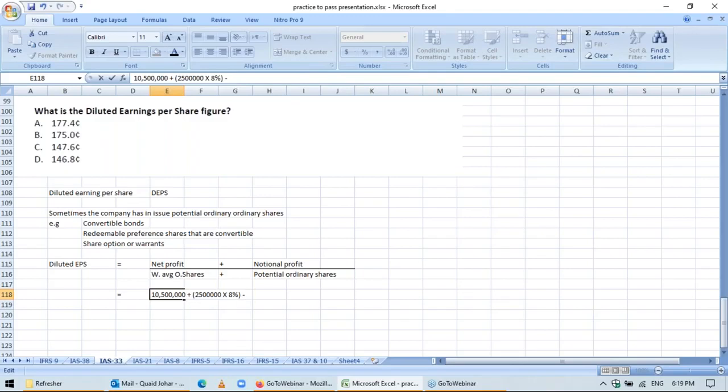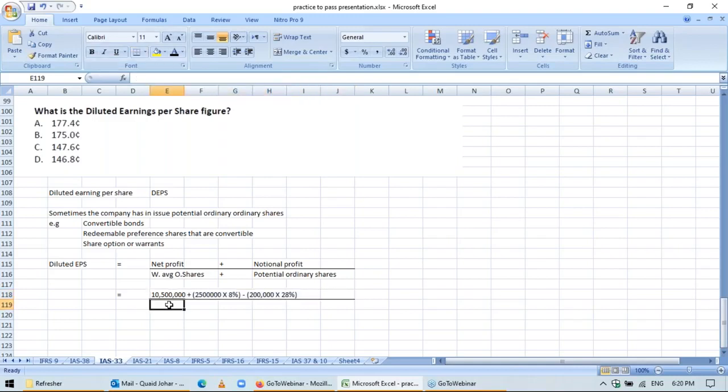There will be tax on this interest, which we did save this year, but when the bond gets converted, there will be no interest, ultimately more taxable income, and we'll have to pay tax. So what will be the amount of it? 8% of 25 lakh is 200,000. So the taxable income will increase by 200,000, and we will have to pay a tax of 28%. So by this much amount, our profit will decline. So I have deducted it from the net profit, right?